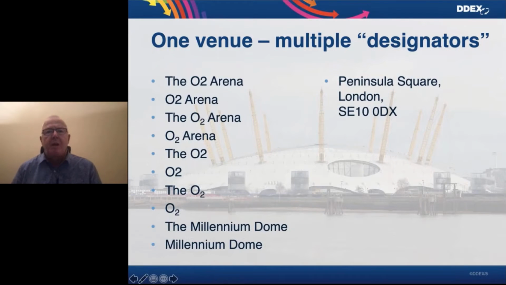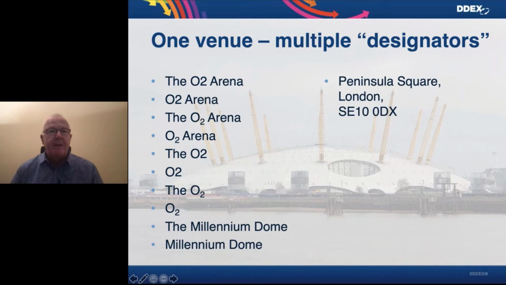And you might say, well, that's easy, we just write it down. Unfortunately not, because one venue may have multiple designators. And here's an example relating to what was originally called the Millennium Dome when it was opened, but has since become sponsored by O2 and gets known as a whole bunch of different things.